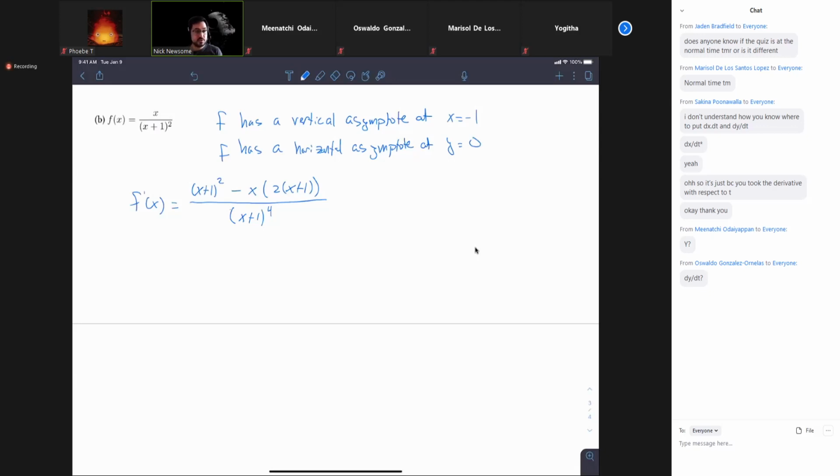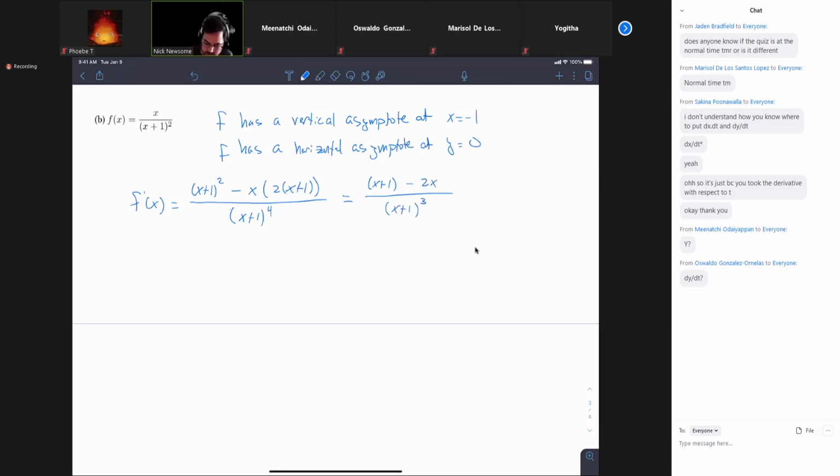Now, since we actually have to solve for things, we need to set this thing equal to 0. So we need to actually simplify this thing. But that's really not too bad. There's an x plus 1 all over the place, so I can divide by it.